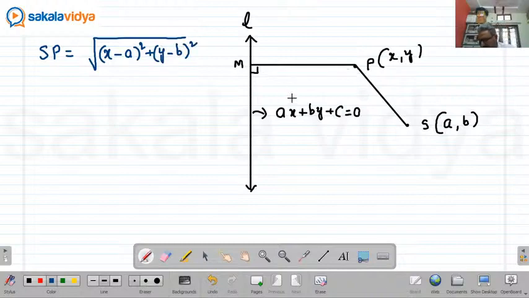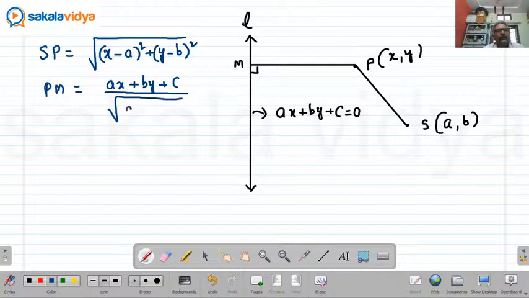PM is the perpendicular distance from the line AX plus BY plus C equals 0. PM equals modulus of AX plus BY plus C over root over A square plus B square.